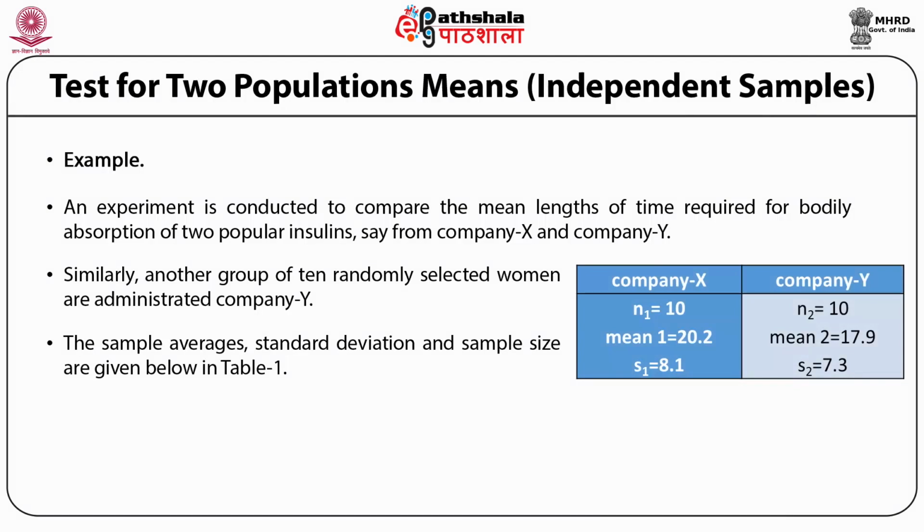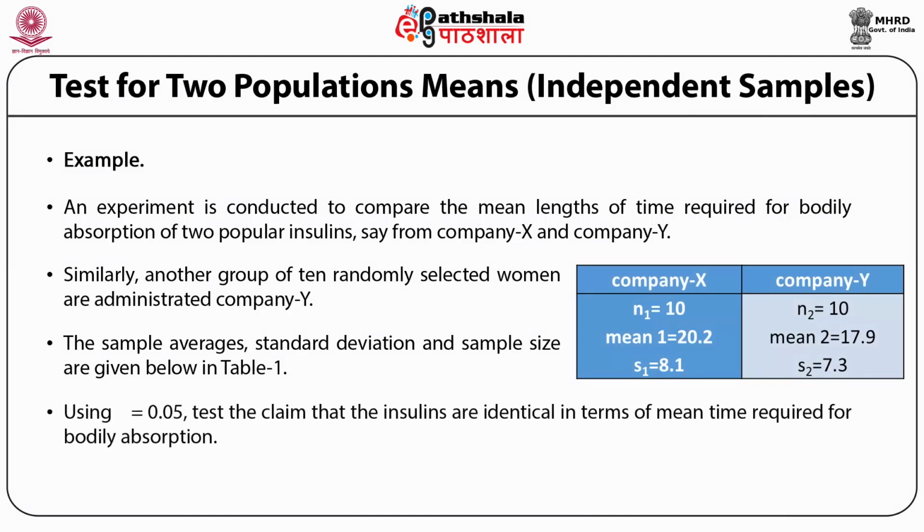We are testing at alpha equal to 0.05. Test the claim that the insulins are identical in terms of mean time required for bodily absorption.